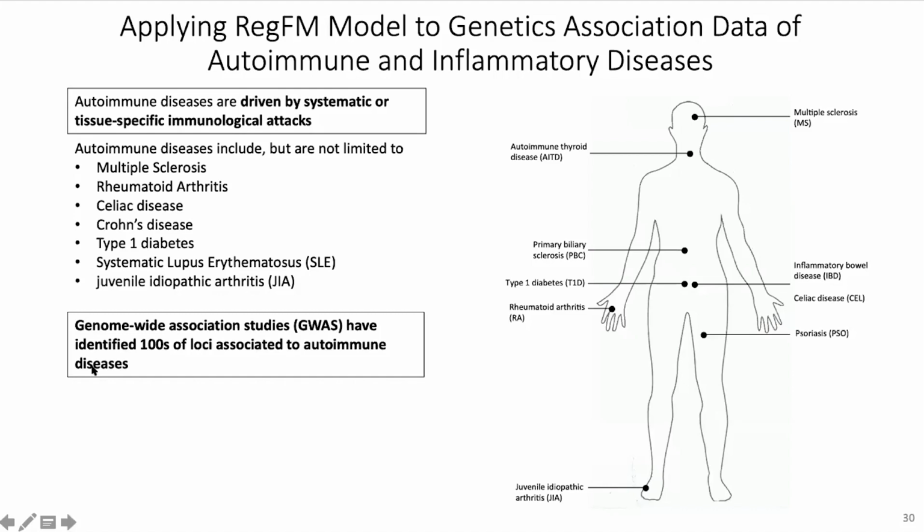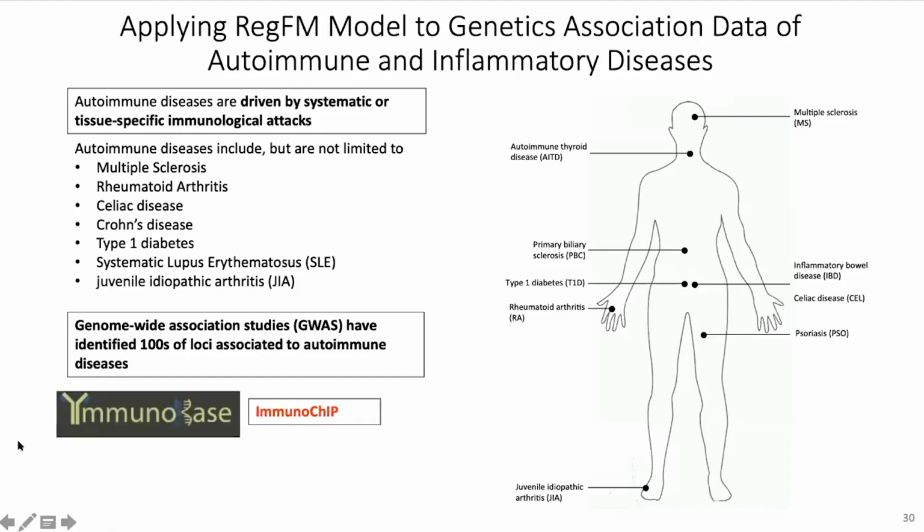Genome-wide association studies have been successful in identifying hundreds of loci associated with autoimmune diseases. And almost 8 or 9 years ago, multiple genetics consortia for the autoimmune diseases got together and designed a customized chip to densely genotype 185 genomic regions with association to at least one of the 5 major autoimmune diseases.